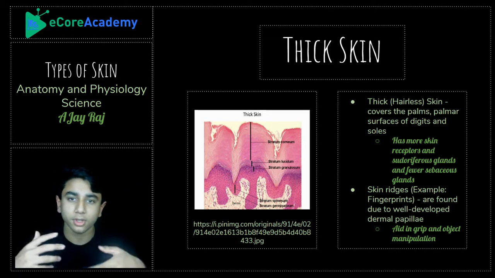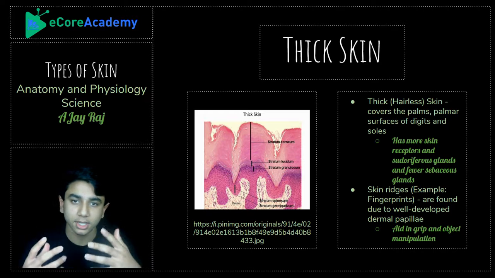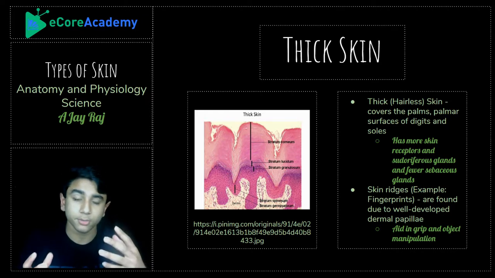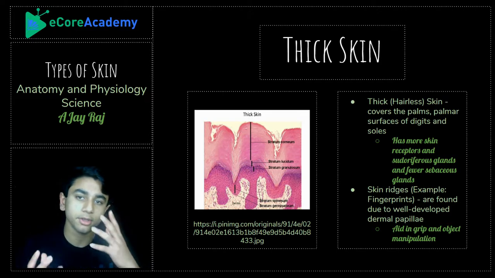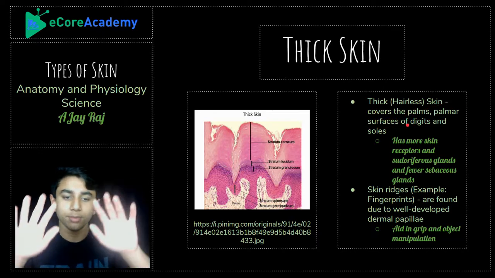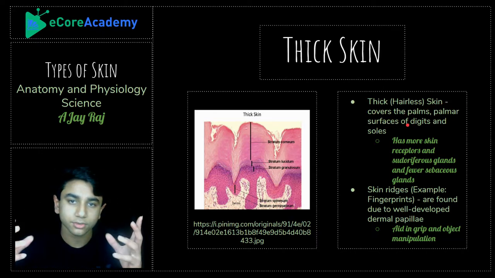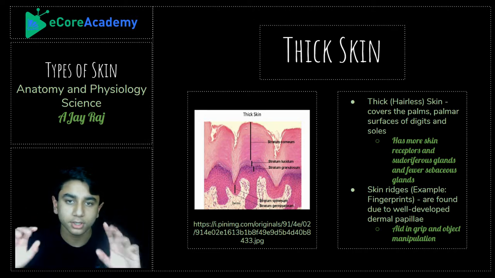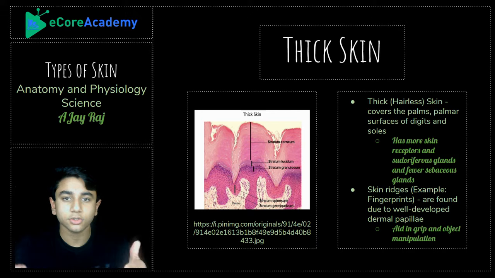So all these thick skin parts that I'm going to mention have absolutely no hair follicles in the dermis because the epidermis is so thick in those areas. So basically, it's your palms and then the palmar surfaces of your digits, which are basically your extremities, which you have 10 on both of your hands, and 10 on both of your feet. So that's 20 total digits.